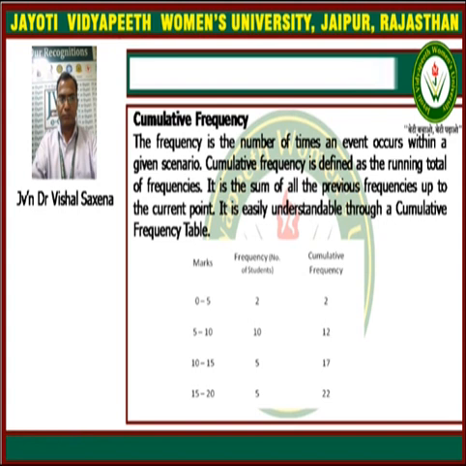Because cumulative frequency is the sum of all the previous frequencies up to that point, for the class interval 5 to 10 the cumulative frequency is 2 plus 10, that is 12. For the 10 to 15 class interval, the cumulative frequency will be 2 plus 10 plus 5, that is 17, and in the same way the cumulative frequency for the class interval 15 to 20 is 2 plus 10 plus 5 plus 5, that is 22.